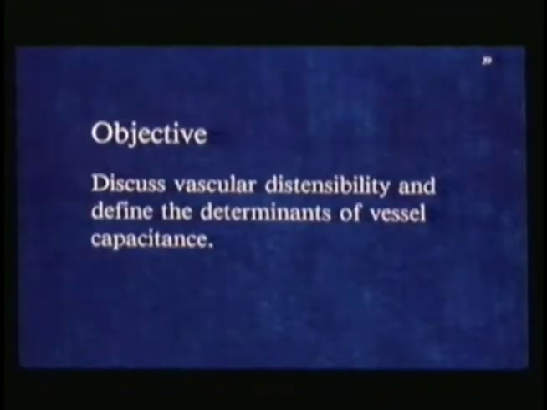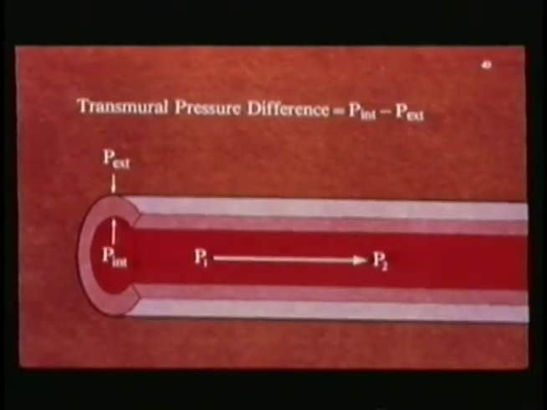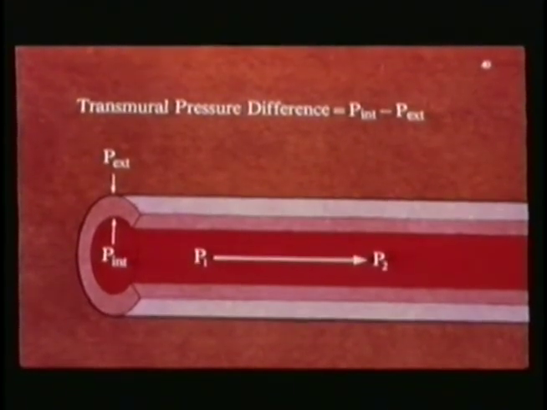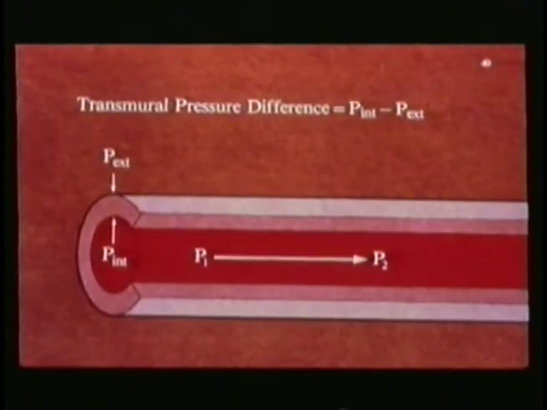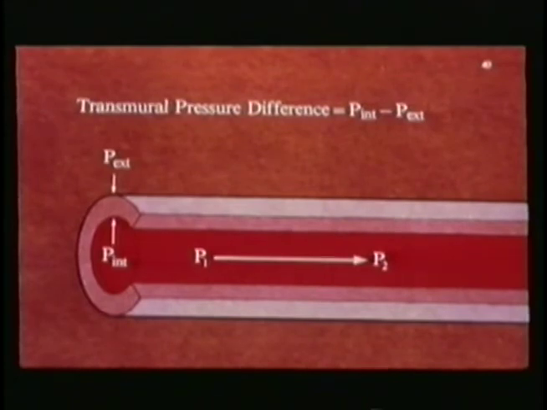39. Your next objective is to be able to discuss vascular distensibility and define the determinants of vessel capacitance. 40. In our presentation of hemodynamics, we discussed the difference between intravascular pressures at two different points along the length of a vessel, P1 minus P2, which provides the driving force for blood flow.